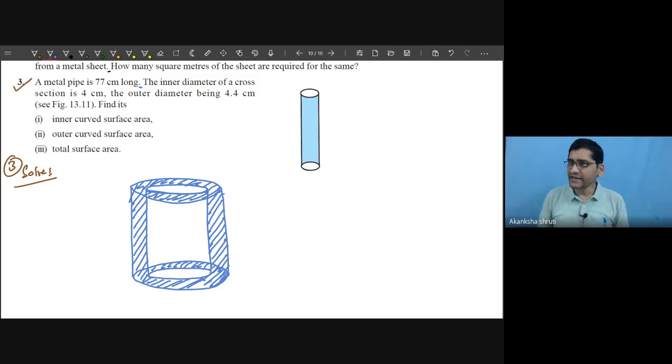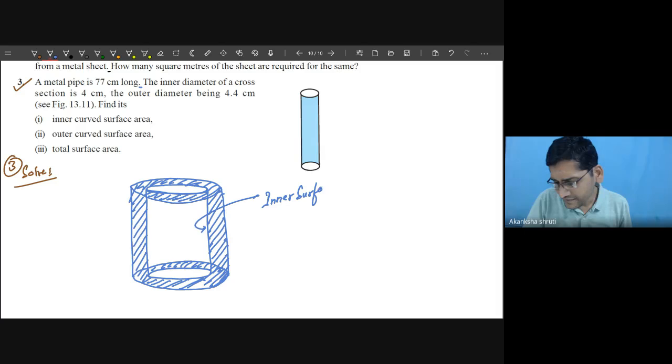So here we can understand that it has one inner surface, another outer surface. So this will be the inner surface. It is also the surface of the inner cylinder. Means you can understand this is the inside, two cylinders placed one over the other.